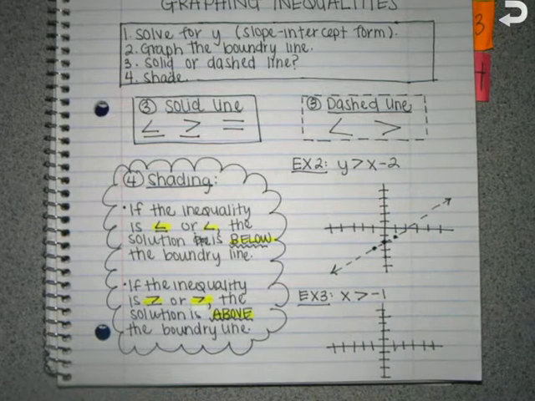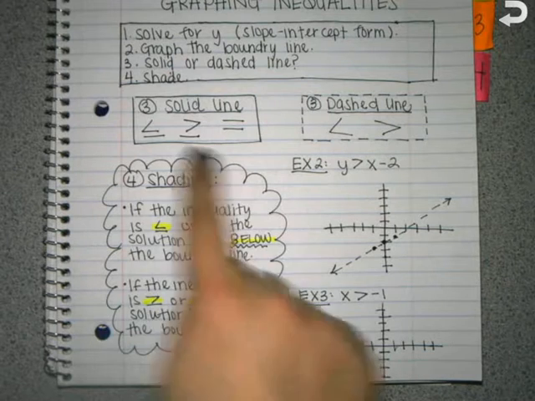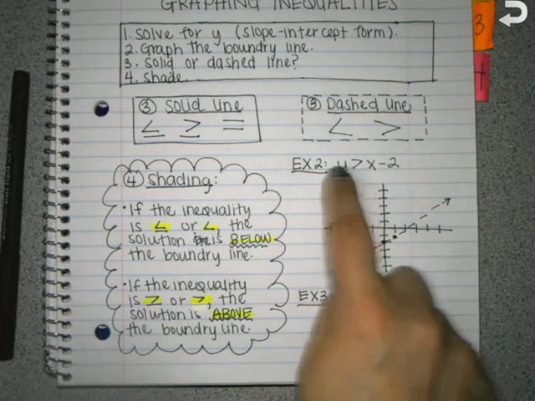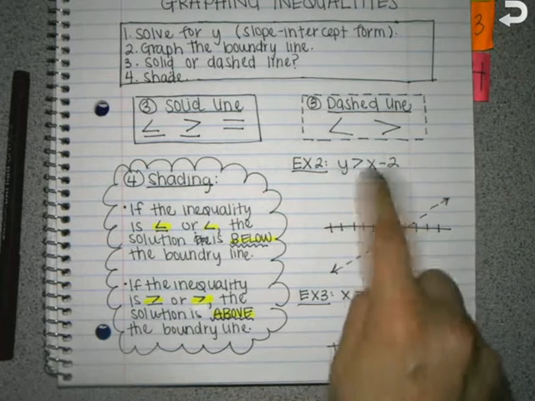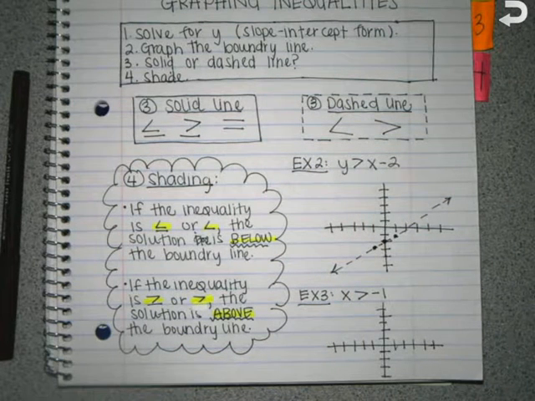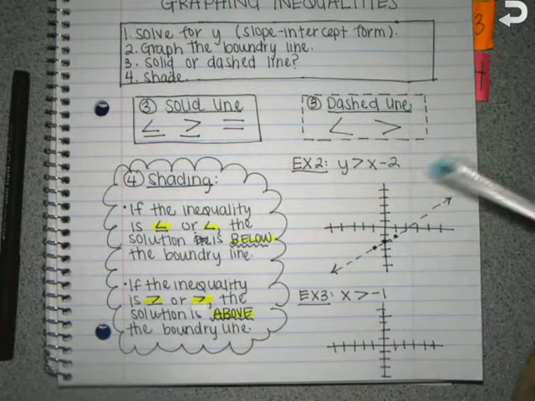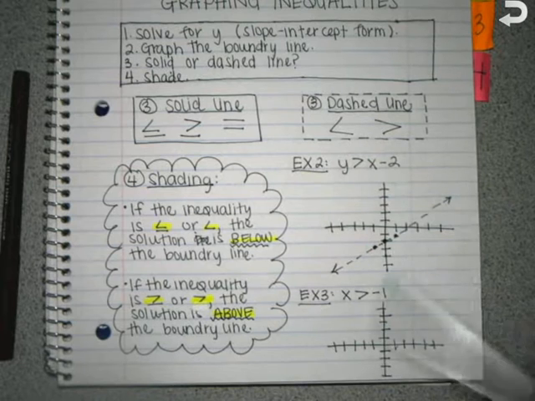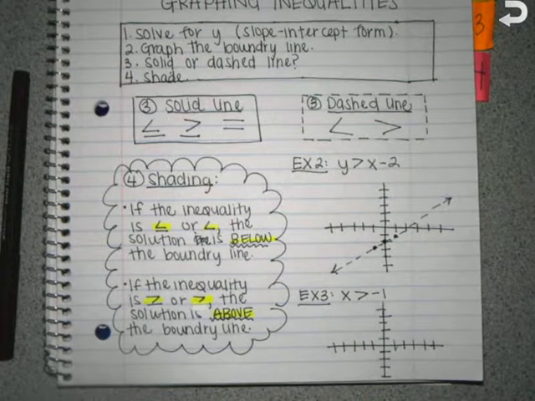Okay? Step 4 says we have to shade where our solution is, because any y's that are greater than x minus 2 make the inequality true. So where are my y's greater than this line? Is it everything above or everything below? Greater than means everything that gets bigger, which is everything above.